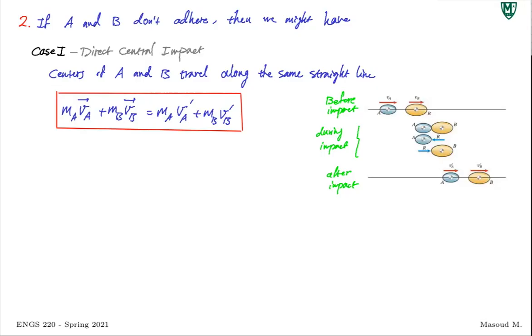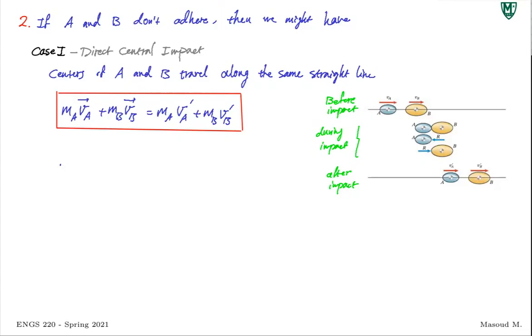Now, to take into account that loss of kinetic energy, we introduce something called the coefficient of restitution, which basically relates velocities before and velocities after the impact.